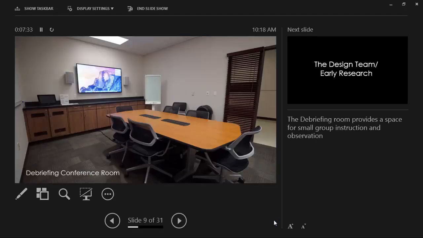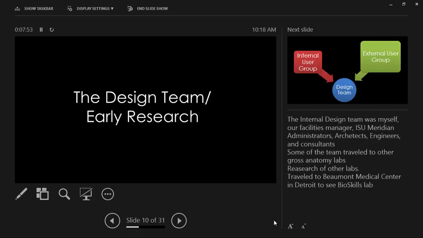And then we have a smaller debriefing conference room. This room is primarily for faculty, staff, and students to do collaboration, meeting space, some observation opportunities there, which I'll talk a little bit about in a minute. But those are the 6 core spaces that we have in the A&P labs.